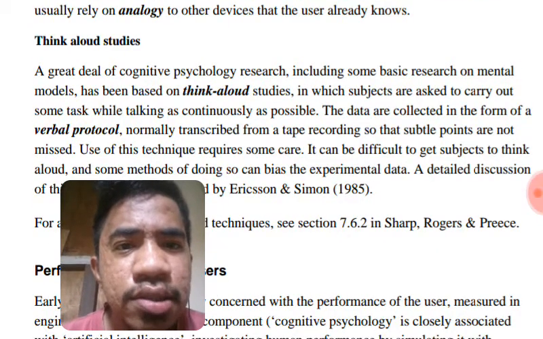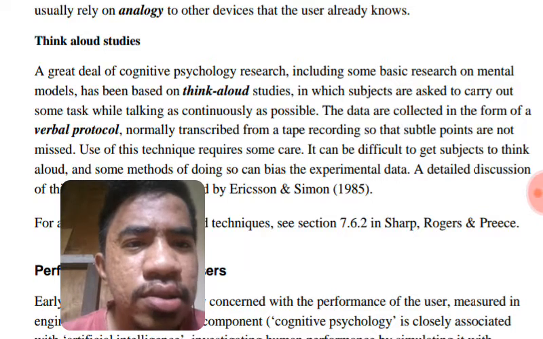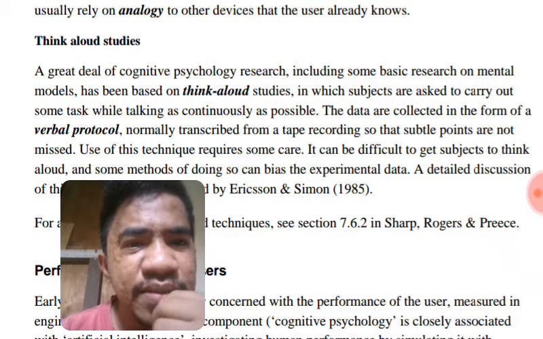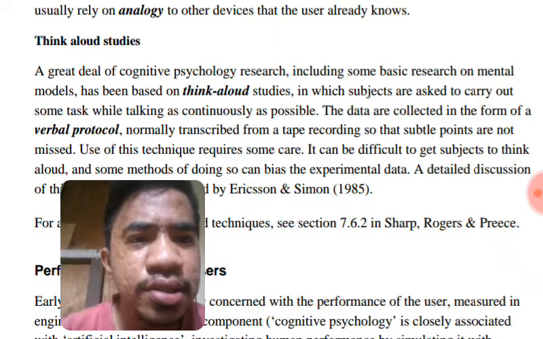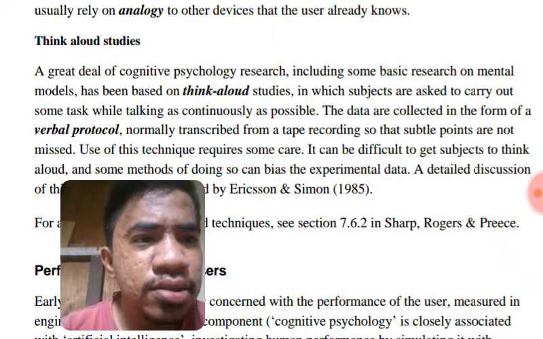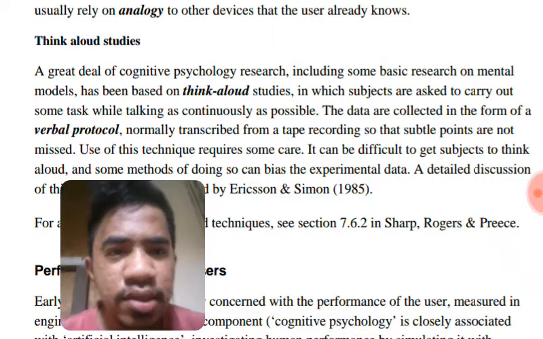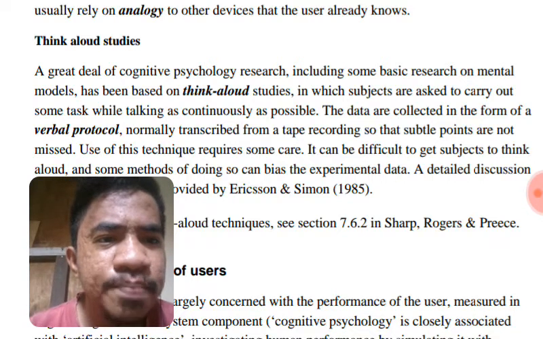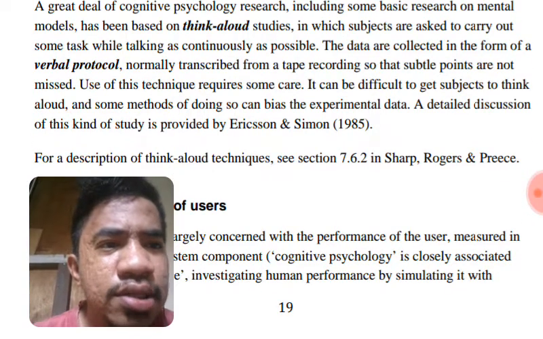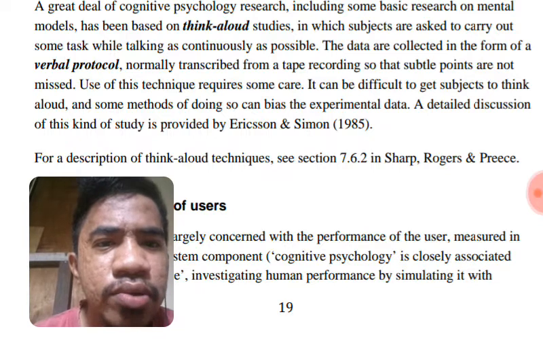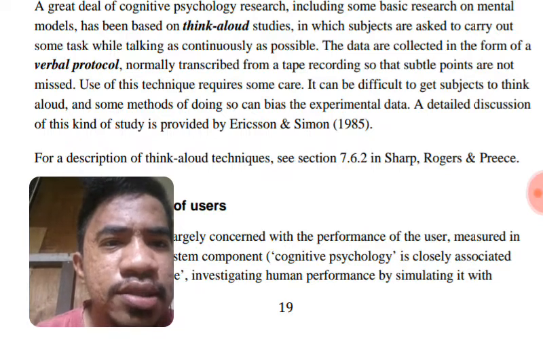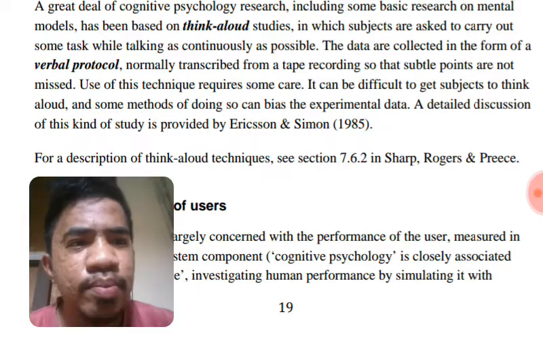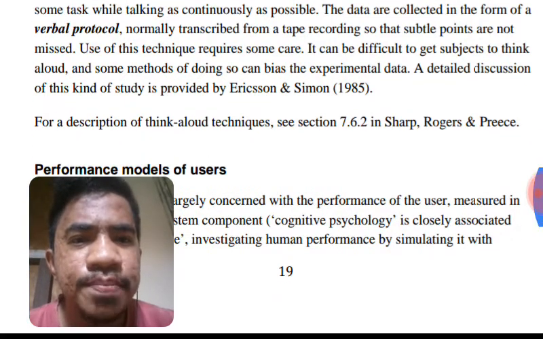Think-aloud studies. A great deal of cognitive psychology research, including some basic research on mental models, has been based on think-aloud studies, in which subjects are asked to carry out some tasks while talking as continuously as possible. The data are collected in the form of a verbal protocol, normally transcribed from a tape recording so that subtle points are not missed.